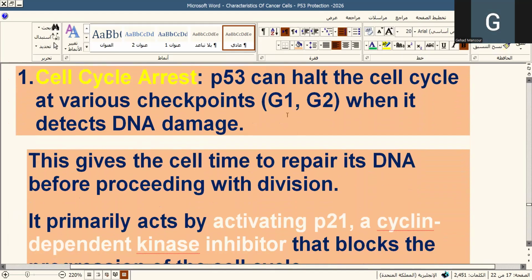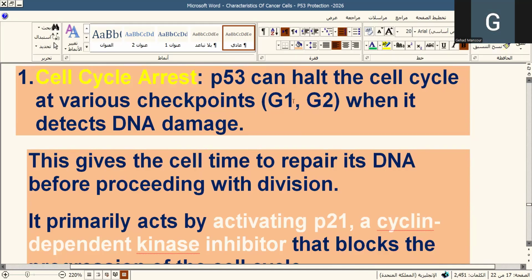The G1 restriction point lies at the end of G1, growth phase 1, and before the start of the synthesis phase, or the phase of replication of DNA, whereas the G2 restriction point occurs at the end of the synthesis phase and makes sure that DNA replication has been done correctly.